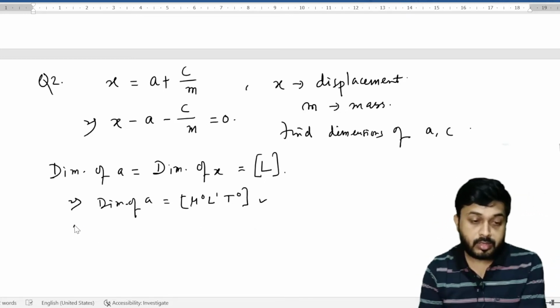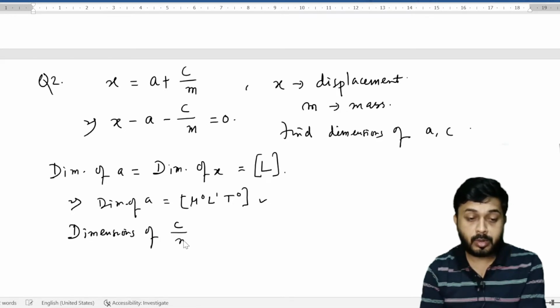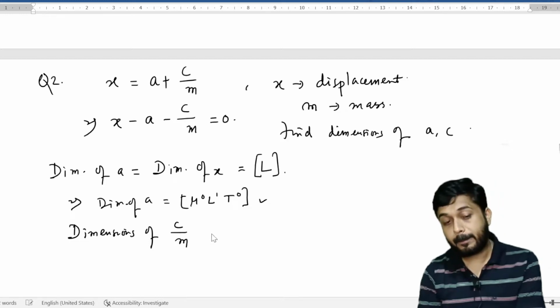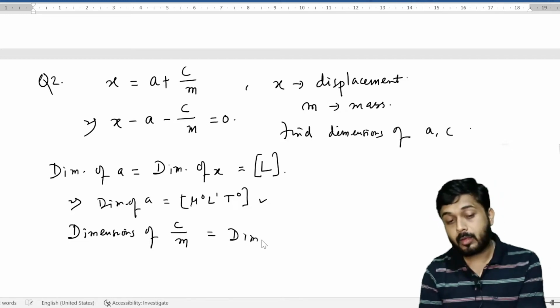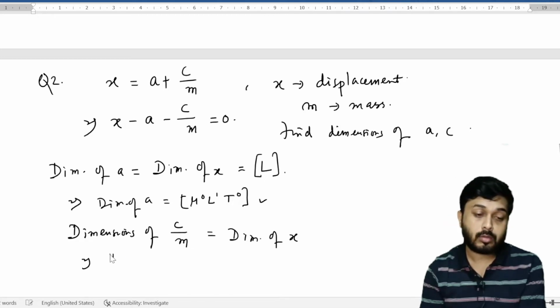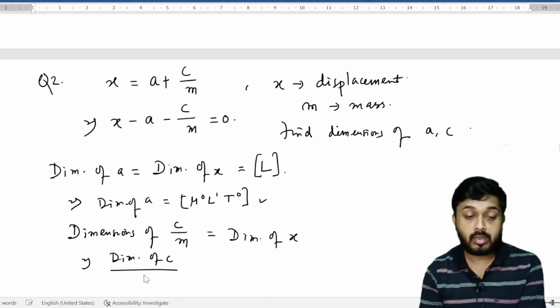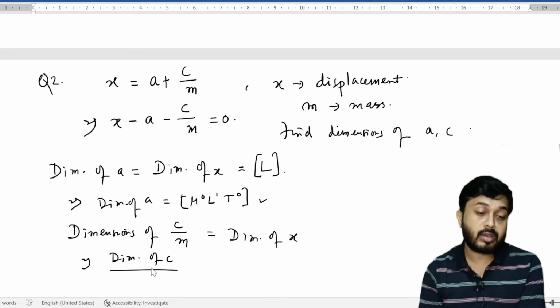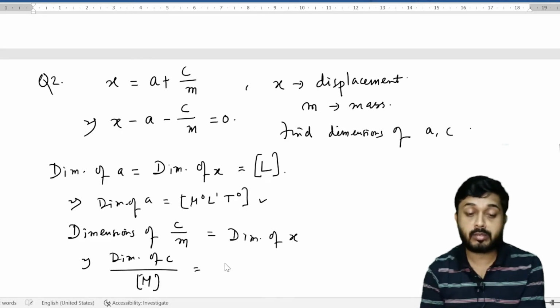And then in a very similar way we can write the dimensions of c by m equal to the dimensions of x, or dimensions of c by dimensions of m. What is m? M is nothing but the mass, so that's why I'm writing mass itself here.